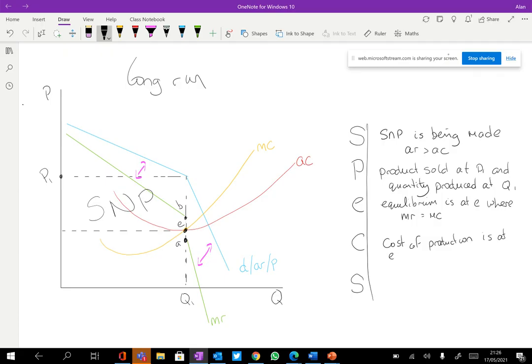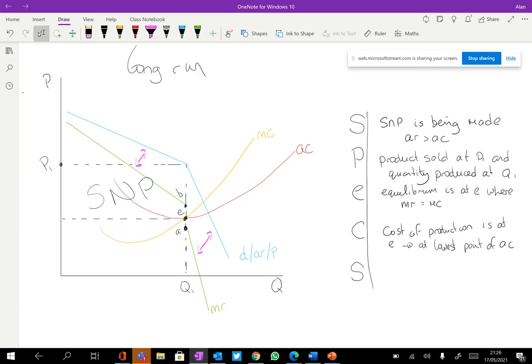And also what you'll notice with an oligopoly is you are producing at the lowest point of the AC curve. So in this situation, oligopolies are actually quite efficient, which is the last thing, S, which is scarce resources.